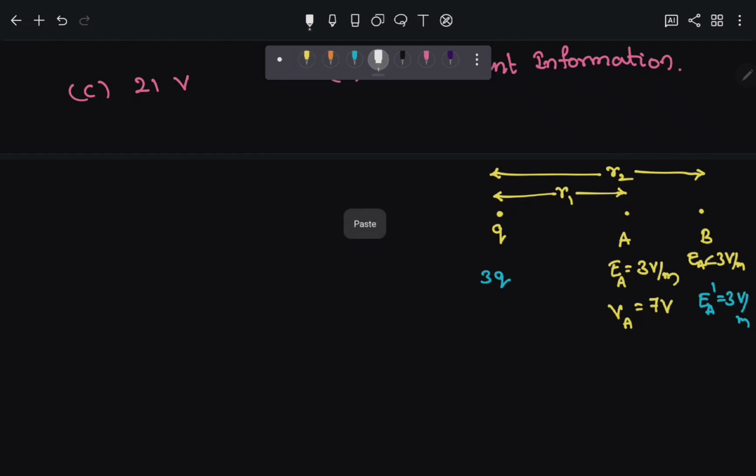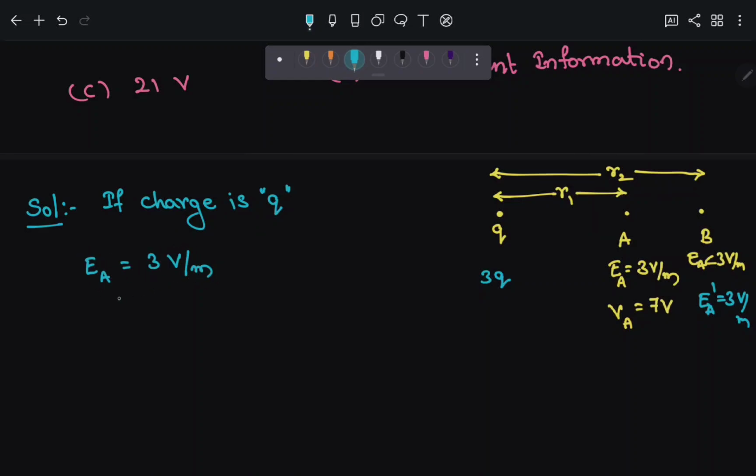So first let us try to write what is given exactly, one by one. In the initial condition, if the charge is Q, the equation is EA is equal to 3 volt per meter.